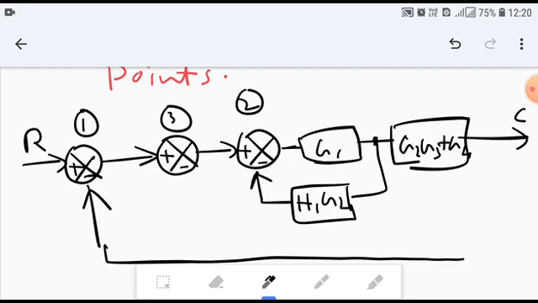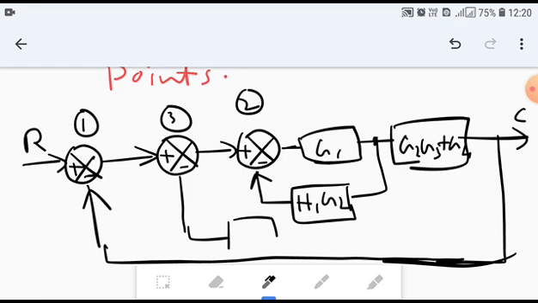Now this is the unity feedback which we have taken, and now to this summing point 3 we had this H2 by G1.